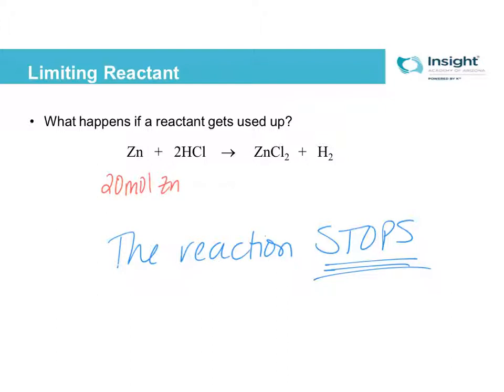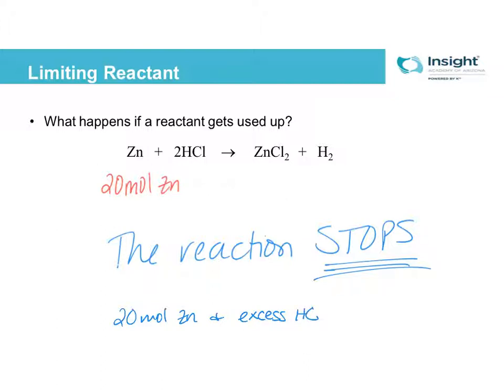This comes into a few calculations that you will see, as you might be asked which reactant is limiting, which means that's going to be the reactant that makes the least amount of product. Or another common thing related to this, you might see that you have 20 moles of zinc and excess HCl.